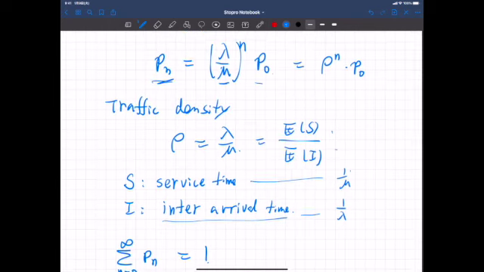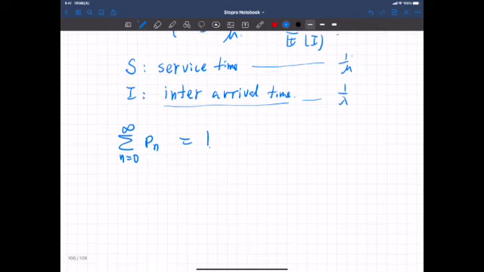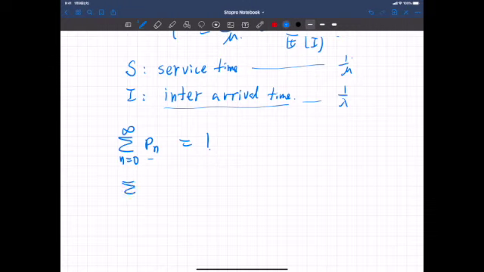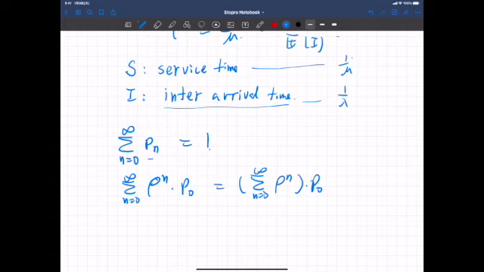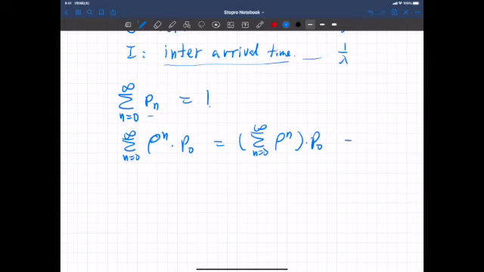Okay, so if we substitute this into here, we have the sum from n equals 0 of rho to the power of n times P0, and this is the sum of a geometric series, and this should be equal to 1.